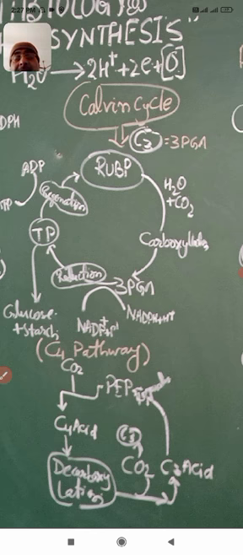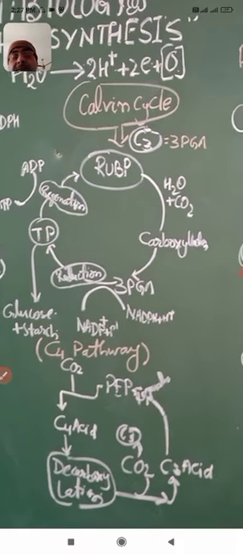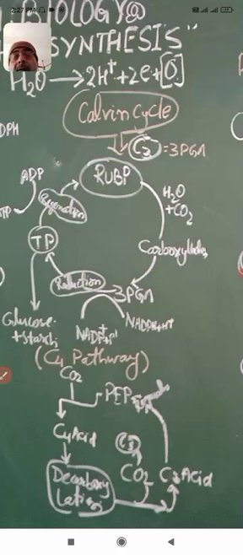So mesophyll cells have the PEPase enzyme, while the bundle sheath cells have the Rubisco enzyme.